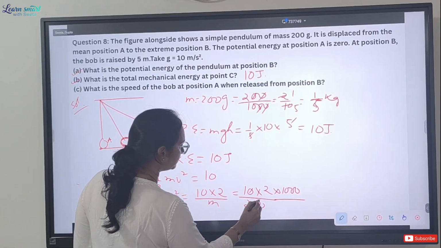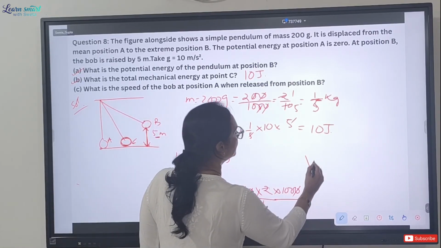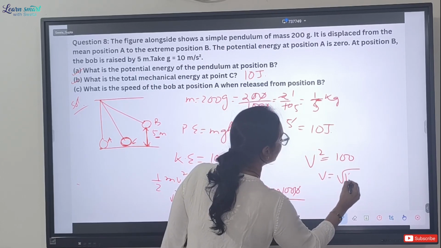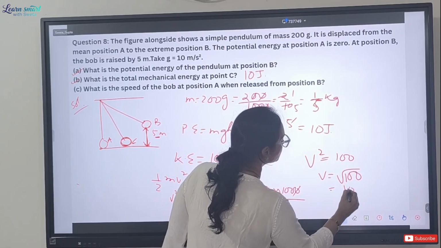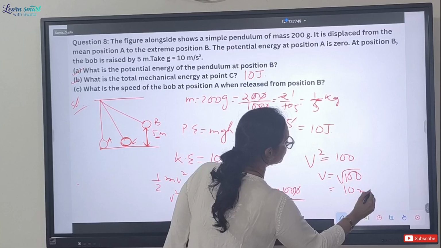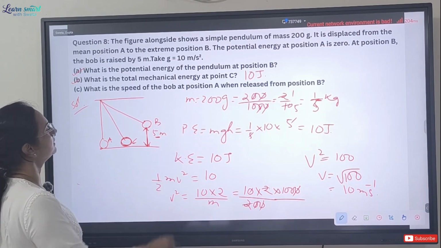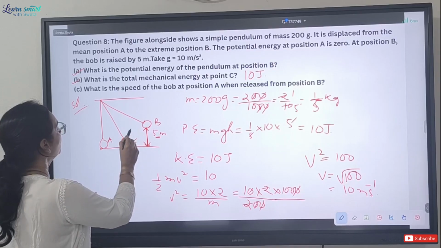It is coming 100. V square is 100, which means v equals root 100, and v equals 10 meters per second. So this is how we can calculate the velocity at A.